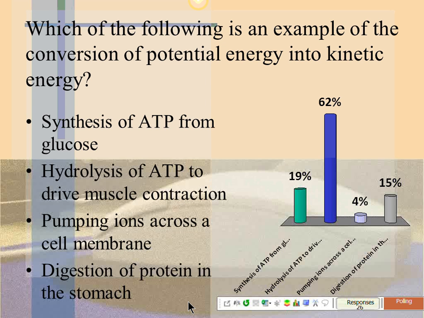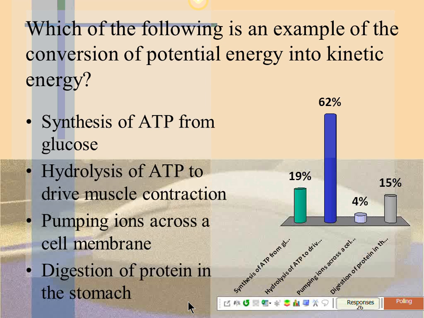Pumping ions across a cell membrane: again, the same thing. Work is being done at this time. It isn't as if something was stored and now you're calling upon it to change from potential to kinetic. So pumping ions across a cell membrane, or even digestion of protein in the stomach, work is being done. So the first and the lower two are examples of kinetic energy. ATP, as I gave you the example, is a stored molecule, like a battery which you're storing inside.